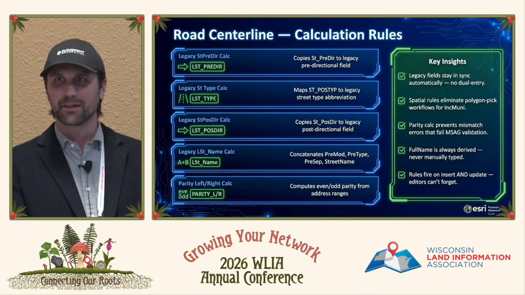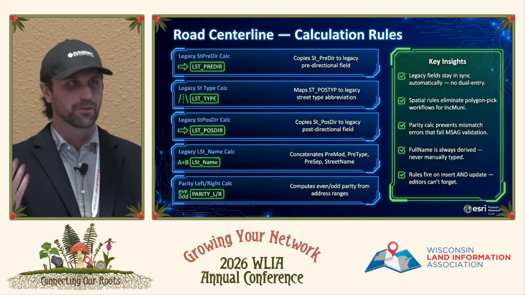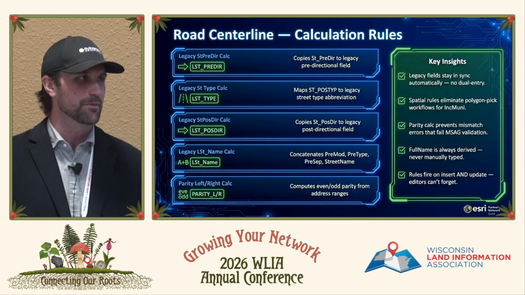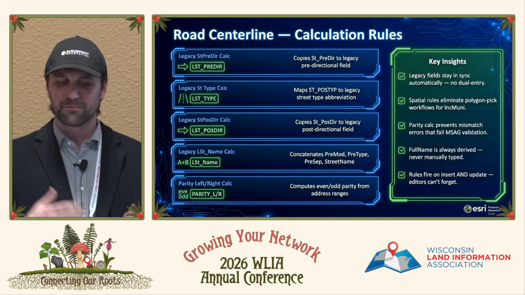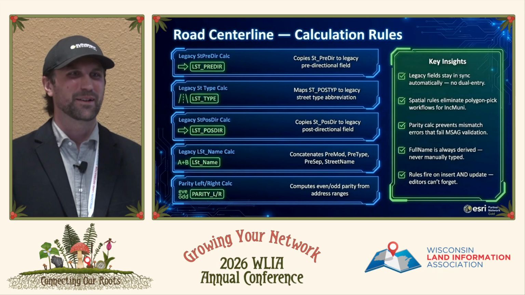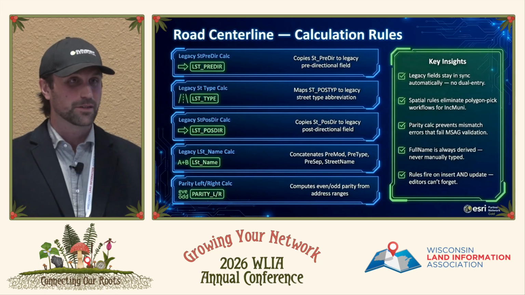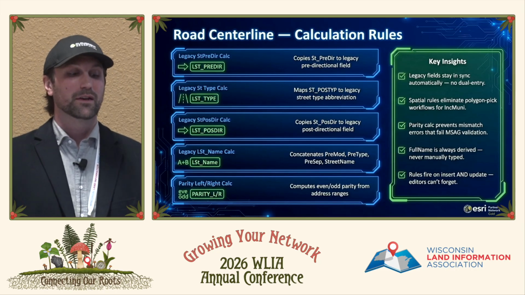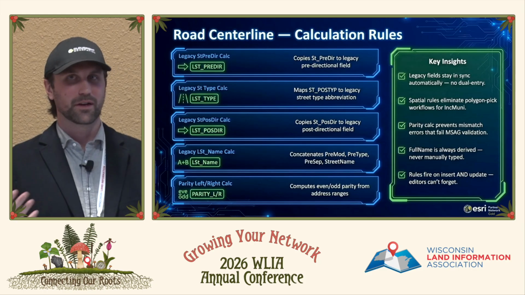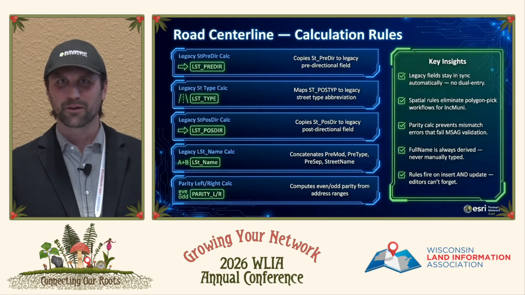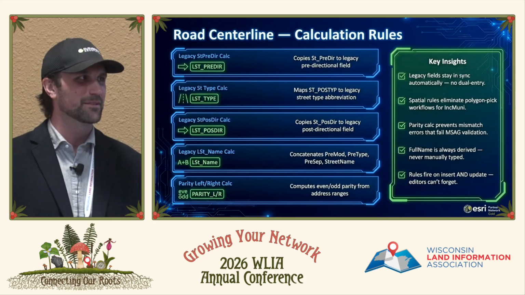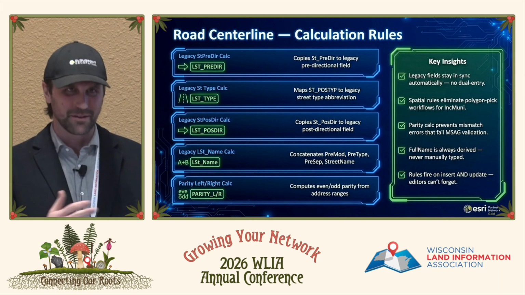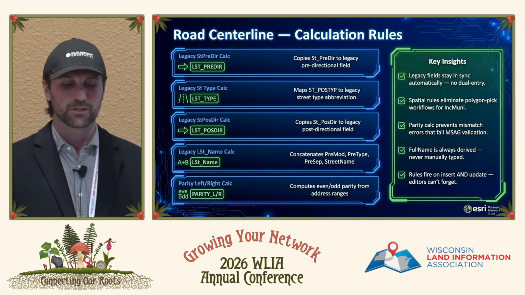Likewise, if you have from and to that are both even, it would populate with the even domain value. Just one less thing that you have to worry about, and it can also help you identify areas where, why do I have a both parity? I know that that street's not correctly both, and you can dig into the data issues that you might have there.